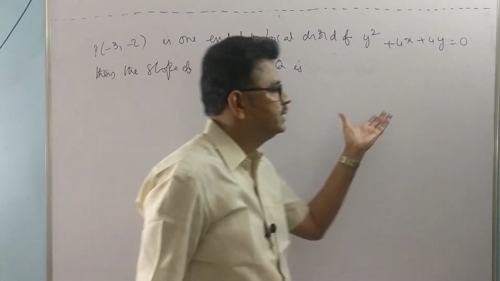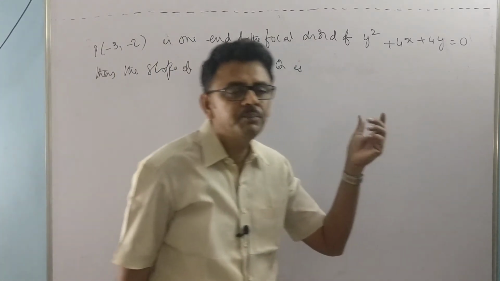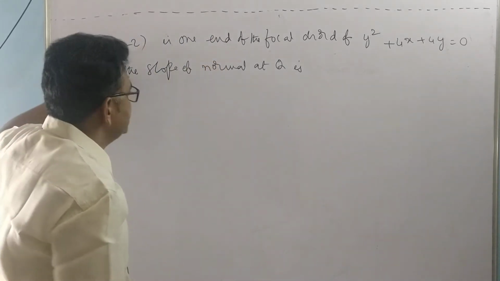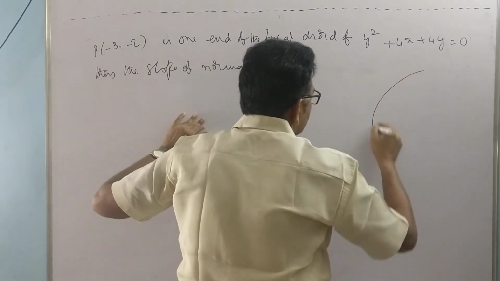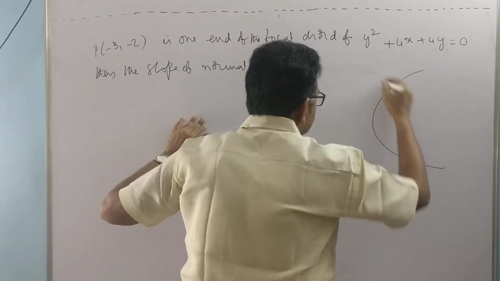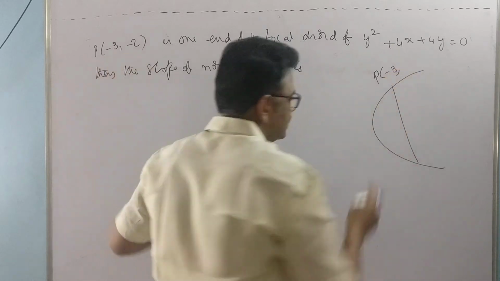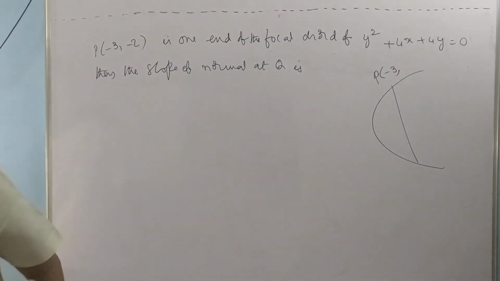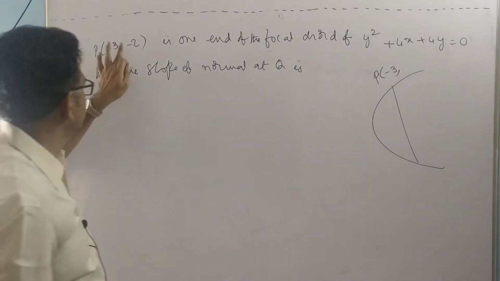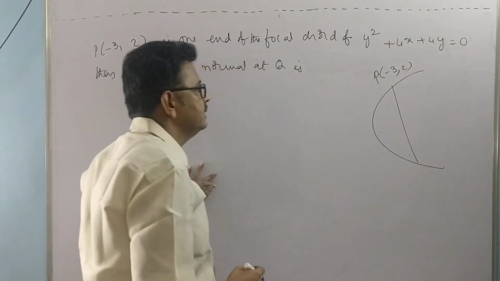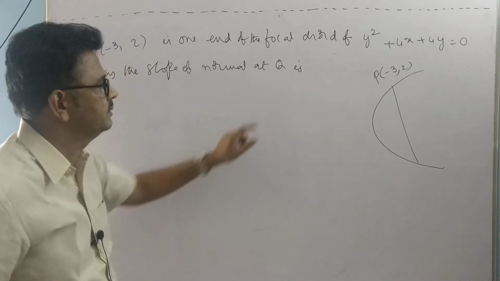Majority of the problems on parabola depend completely on the properties. P is one end of the focal chord of the parabola. The point P is given as (-3, 2).